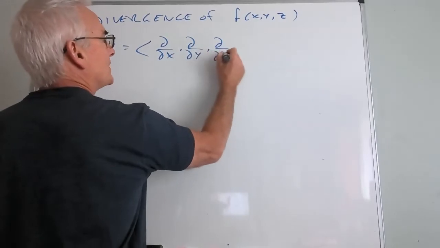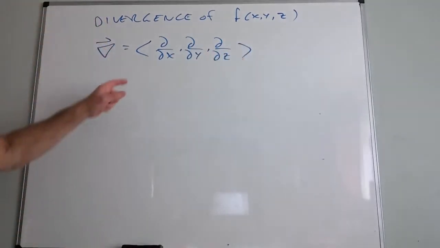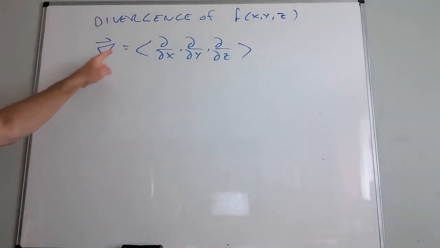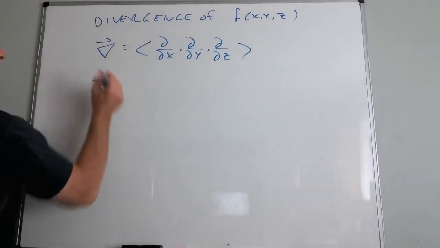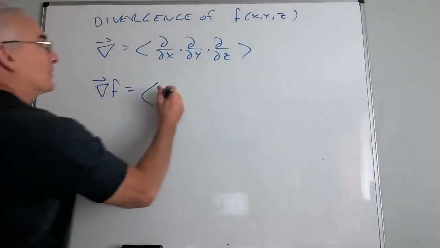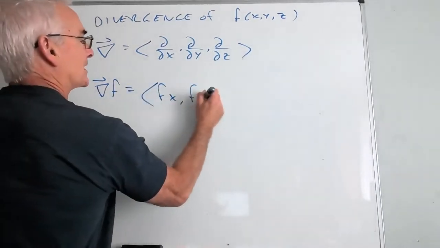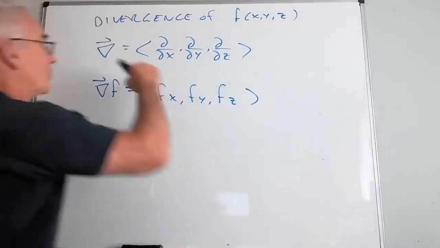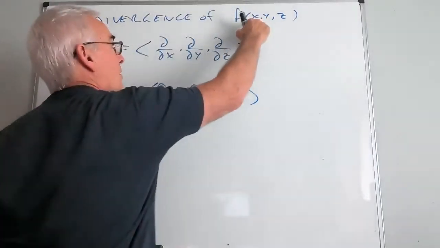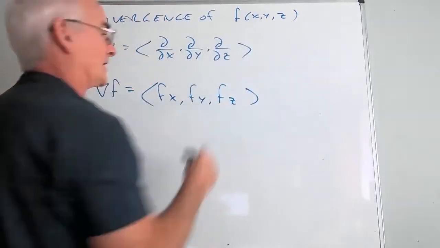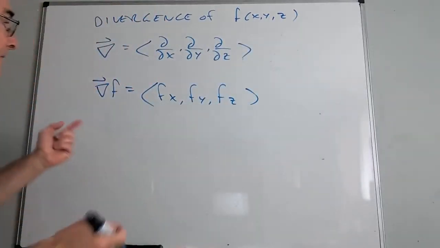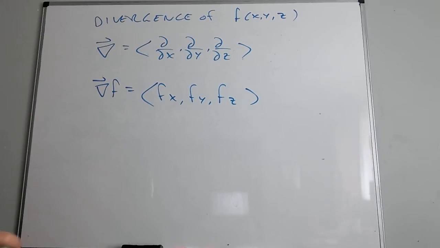This is not a quantity. This says, I'm going to apply this to a function. So what we did before was, when we applied the del operator, we created the vector fx, fy, fz. So this operator applied to this function, I did this, this, this, and created the vector. Okay, so that's what the gradient vector is. The del operator applied to a function.